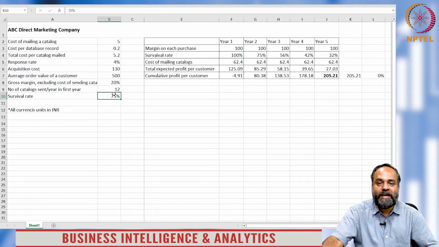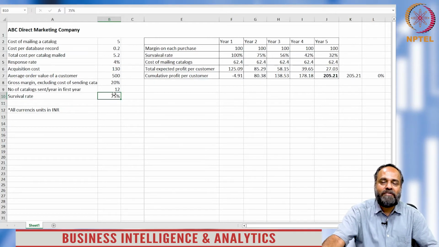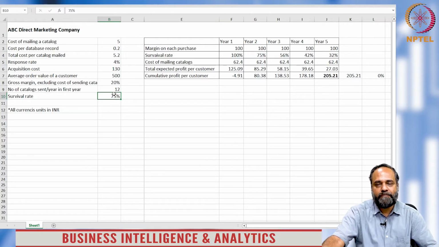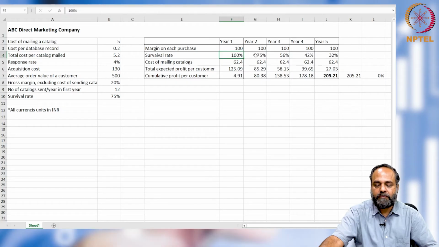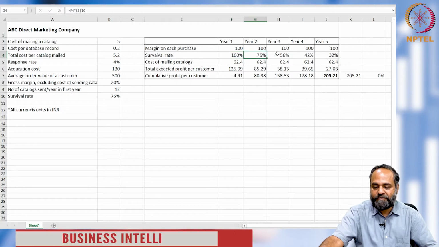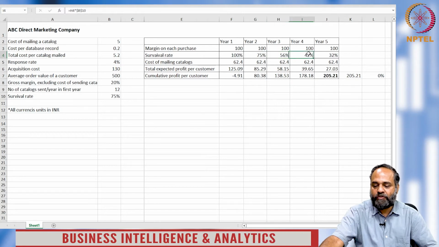And there is also the survival rate. Survival rate is something that we discussed already, but in this problem, it has been estimated as a fixed rate. That is, if there are 100 customers in the first year, the 100 will become 75 in the next year, 75 will become 56 in the third year, 42 in the fourth year, or 32 in the fifth year.